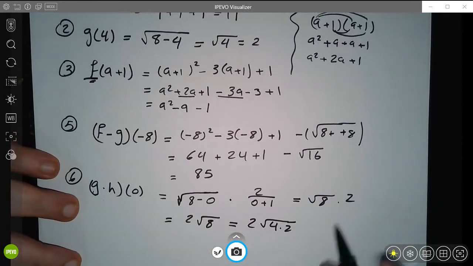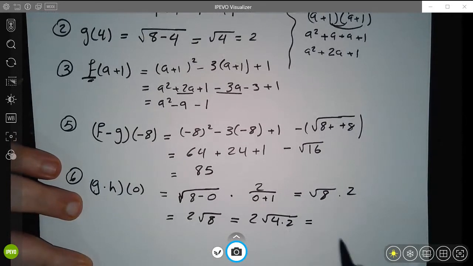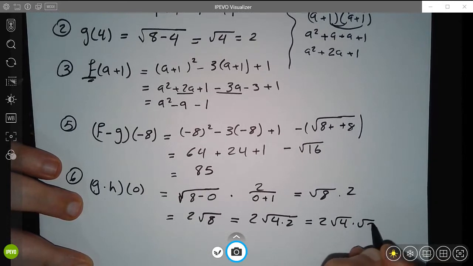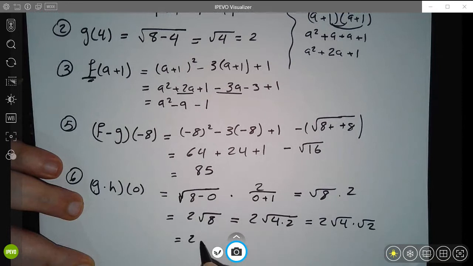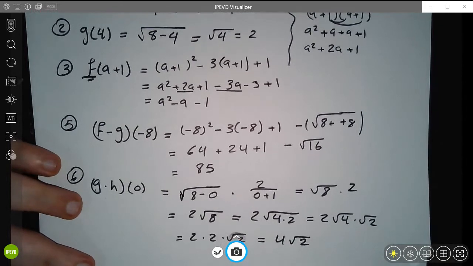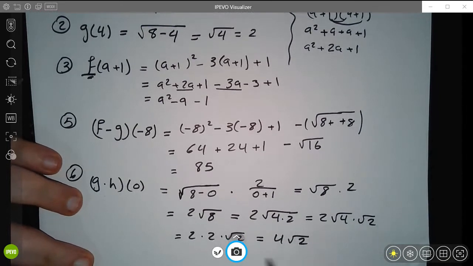A multiplication under the root with no other additions, you get root of 4 times root of 2. You can split this, and root of 4 is 2. So 2 times root of 2. And obviously these two combine and you get 4 times root of 2. This is the simplest answer.